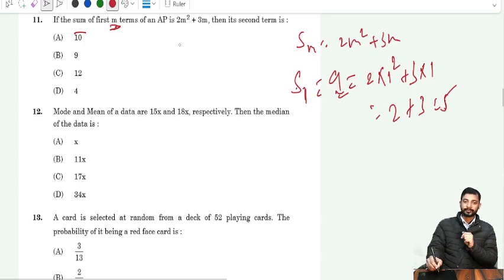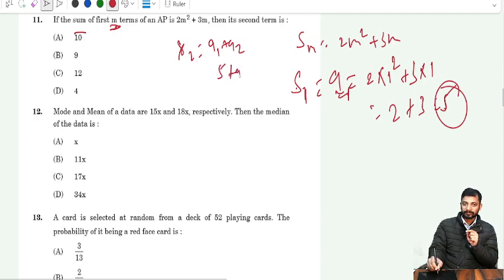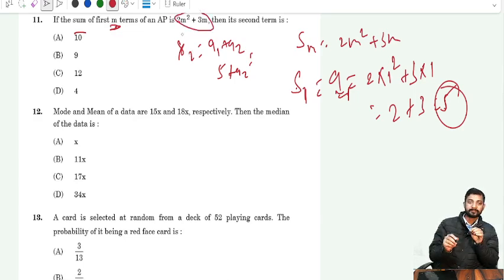Now find S2. S2 means what? S2 means A1 plus A2, and here A1 means 5. So you can put 5 in place of A1, 5 plus A2, and this is S2. So in this sum, replace m by 2. If you replace m by 2, 2 square is 4, 4 times 2 is 8, plus 3 times 2 is 6.